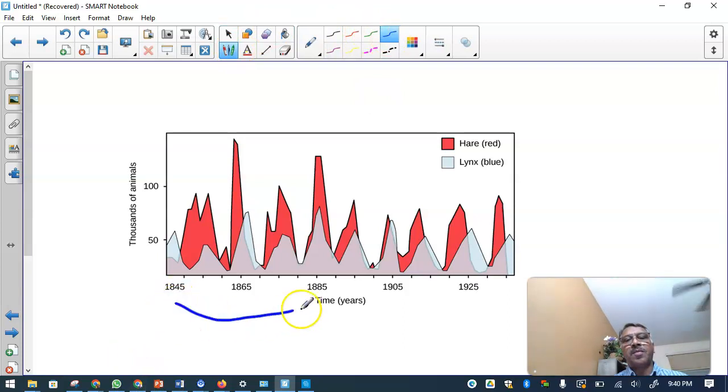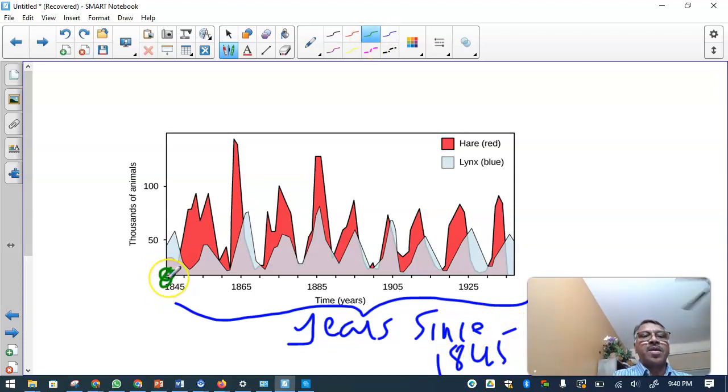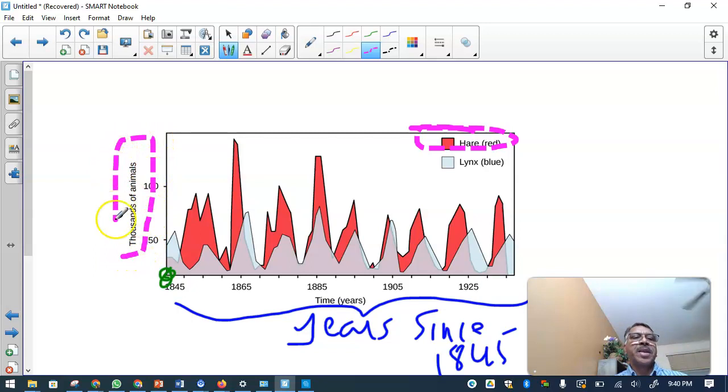Independent is how many years passed since 1845. So 1845 is the start. From here, how many years passed? And you can see the hare, and the dependent variable is how many thousands of animals there are. This is in the forest, maybe how many thousands of animals, or maybe in a whole global scenario.